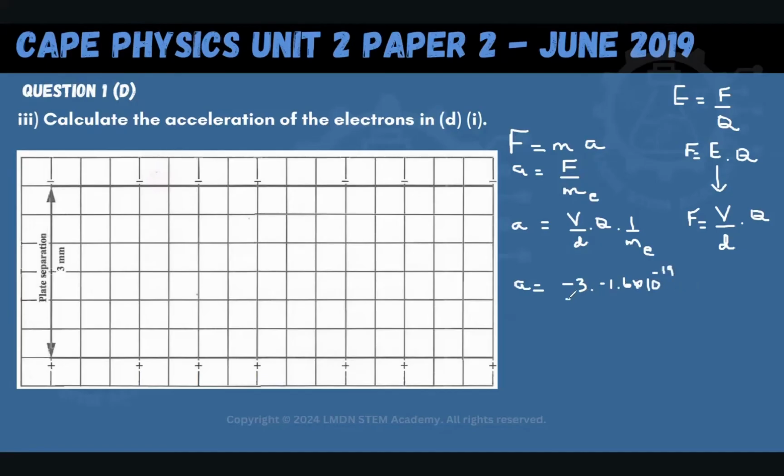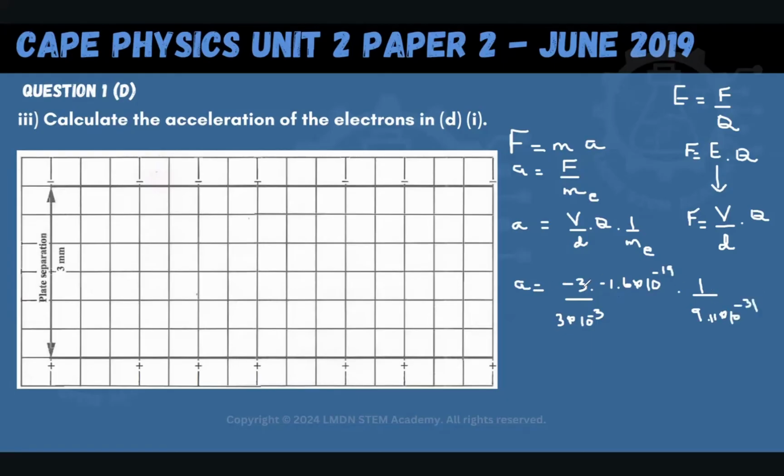The distance, they told us, is 3 millimeters, so we're going to put 3 times 10 to the minus 3 there. And then we're going to multiply by 1 over the mass of an electron, which is 9.11 times 10 to the negative 31.